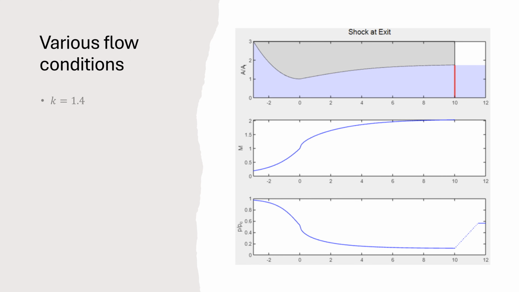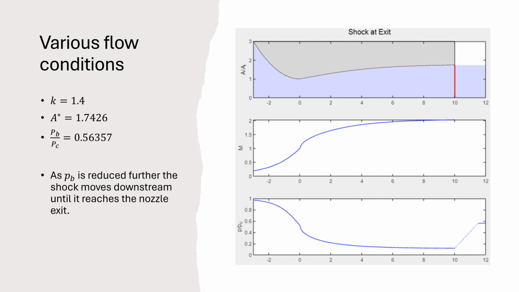As you keep decreasing the back pressure, eventually you will get the shock at the exit. And one thing to note here is still the same, that there will be a decrease from supersonic to subsonic as we move across here. It doesn't show up in this graph, but down here you can see there's a jump in pressure.